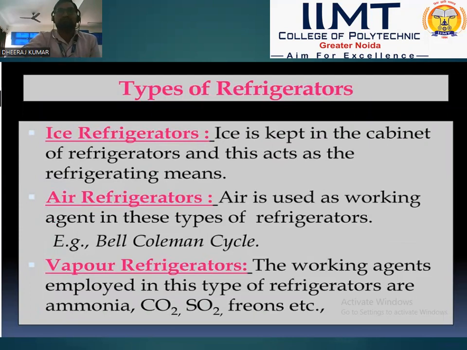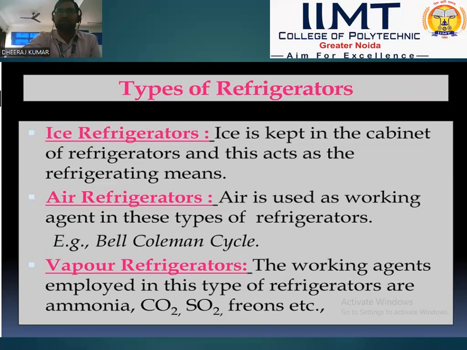Refrigeration systems are mainly of three types: ice refrigeration system, air refrigeration system, and vapor refrigeration system. The ice refrigeration system is the oldest method used to produce a refrigeration effect. In this system, ice is kept inside the cabin and produces the refrigeration effect.